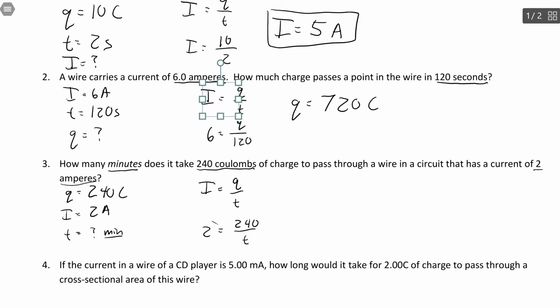Let's see, if we do cross multiply, okay, we're going to get 2 times T and then 240 times 1. So that's equal to 240. And oh, what do we do? We divide by 2. So 240 divided by 2, not 2 divided by 240. So if it helps, when the variable is in the denominator, just write out that extra step, do the cross multiplication, and you should be good to go.